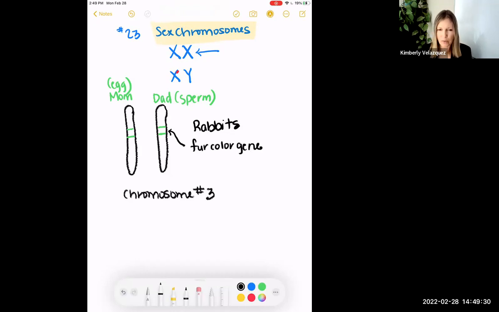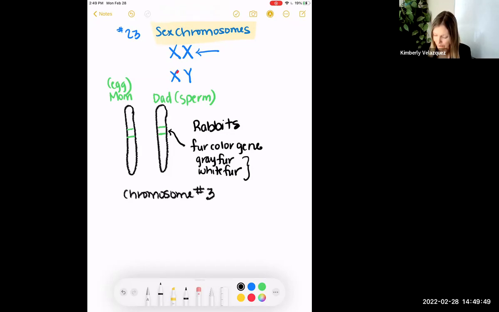And let's assume that in these rabbits, there is gray fur or there is white fur. And those are the two possibilities. Gray fur and white fur.